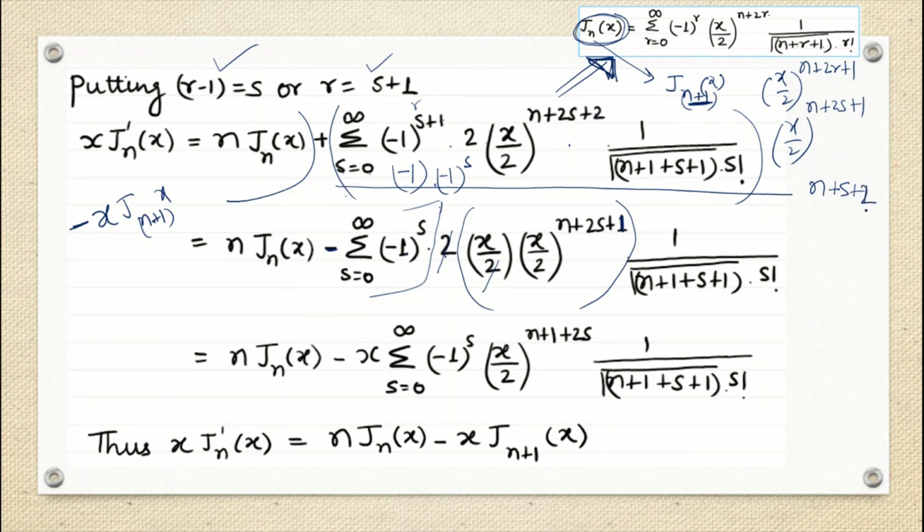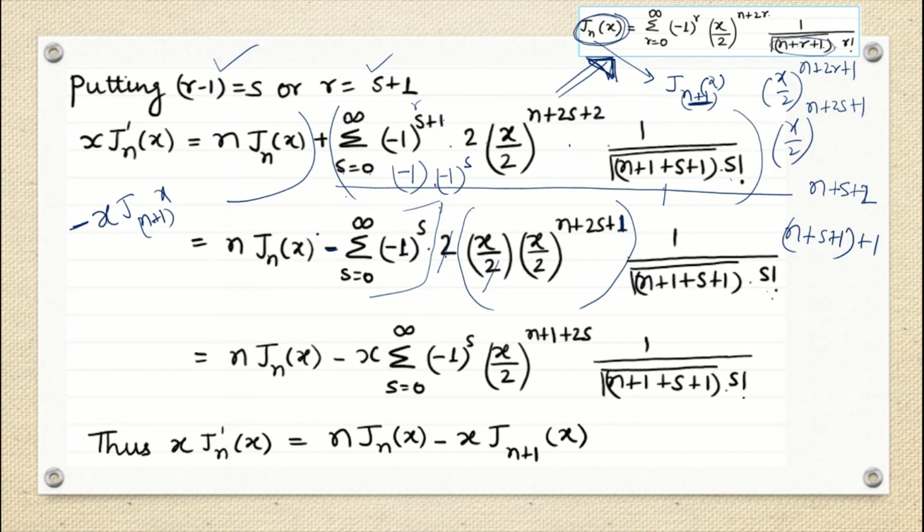N plus s plus 2 I should be having. And here even I can see that this is n plus s plus 2, or I can write this as n plus s plus 1 and then plus 1, right? Fine. So now we can see that this factorial s is present as it is. Now I think the term has come in the correct form.